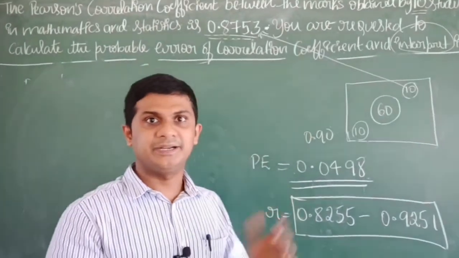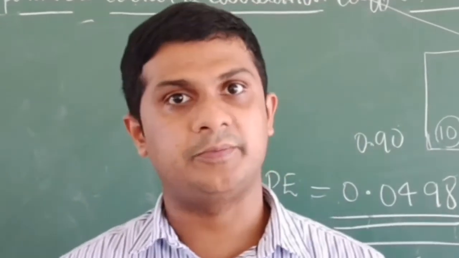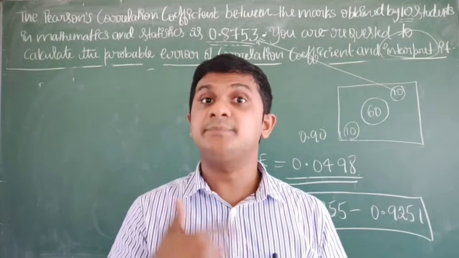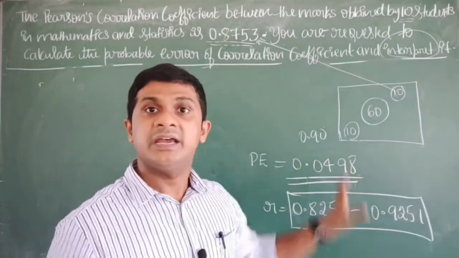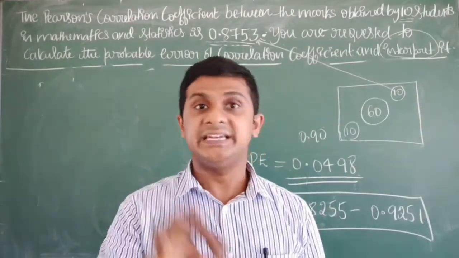Now, coming back to the interpretation of probable error. In one of our videos on interpretation of probable error, we said if the correlation coefficient is 6 times more than the probable error, then the value of correlation coefficient which we got is significant.